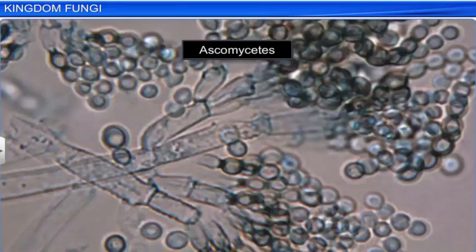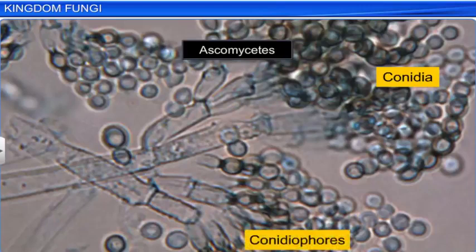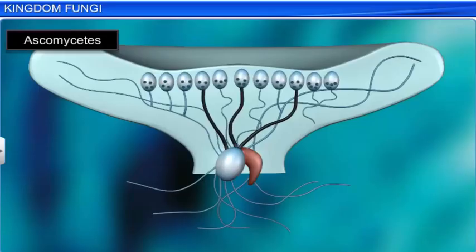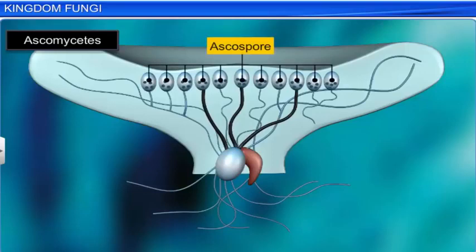They reproduce asexually by spores called conidia that are produced exogenously on the special mycelium called conidiophores. Sexually, they reproduce through spores called ascospores that are produced endogenously in sac-like asci.